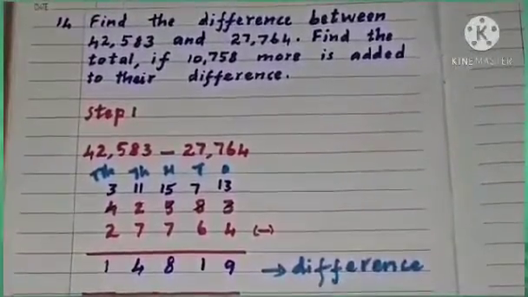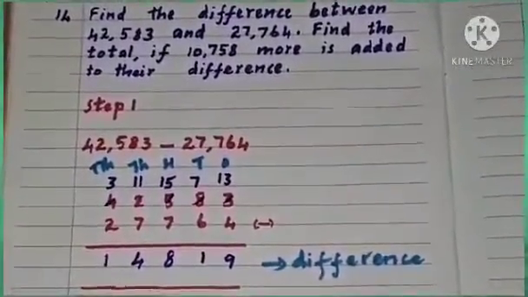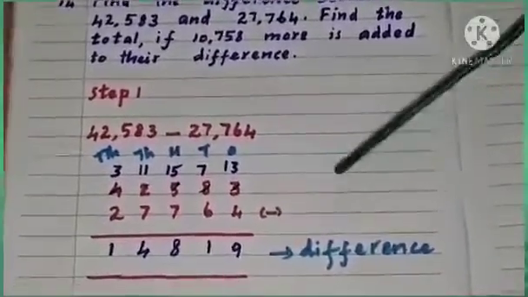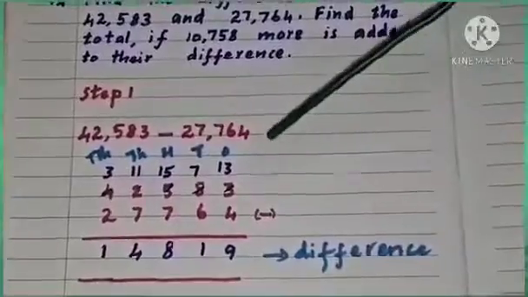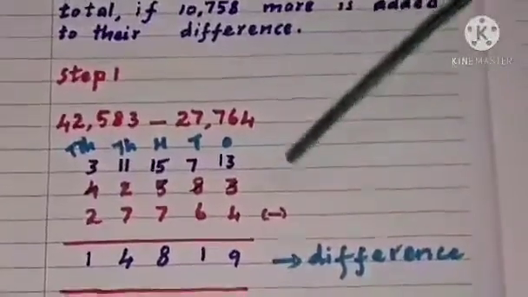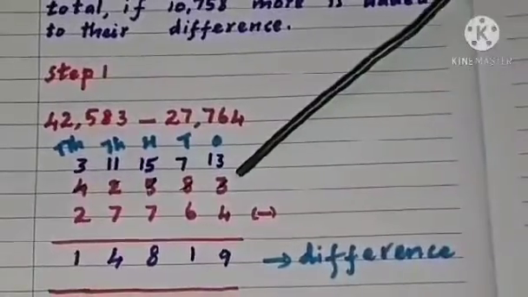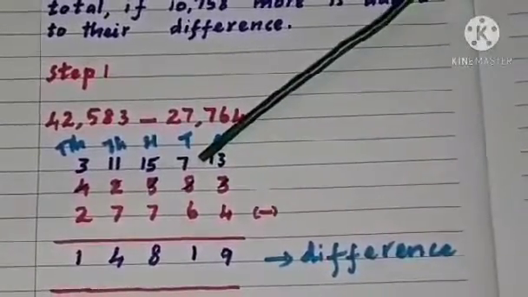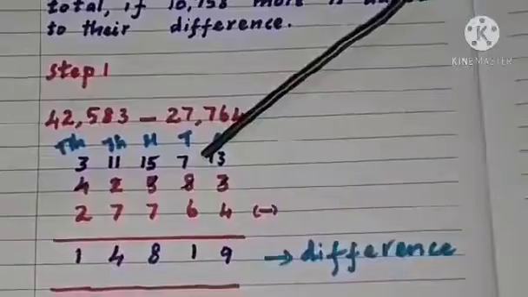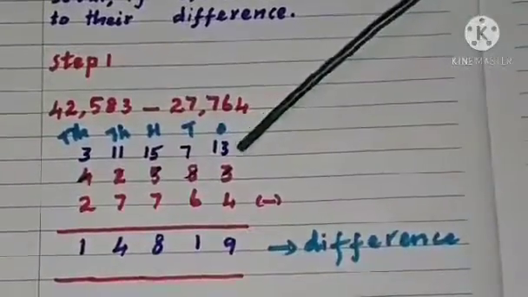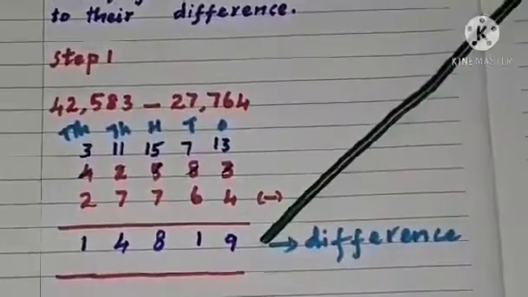Now, we have to subtract. We have to start from ones place. We cannot subtract 4 from 3. So, we have to borrow 1 from tens place. So, it becomes 13.